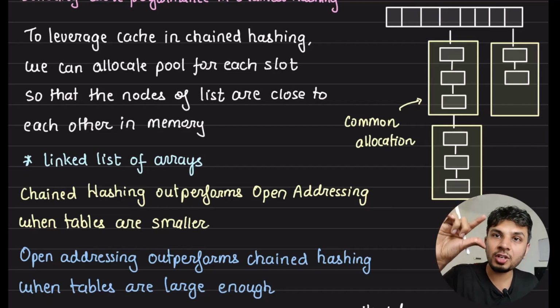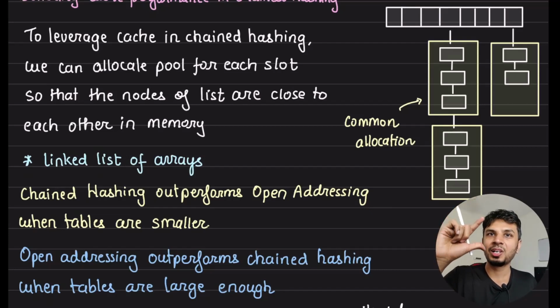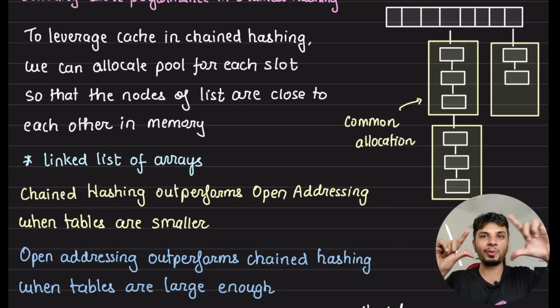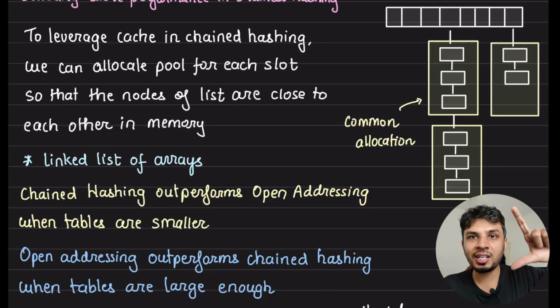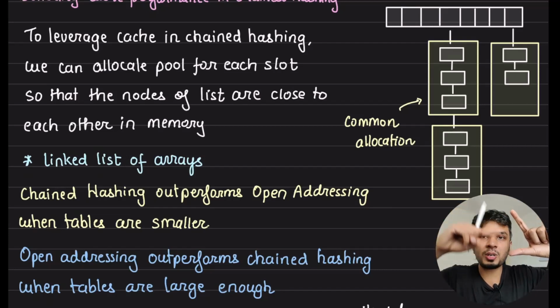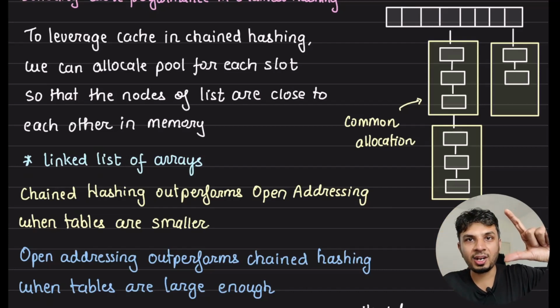So instead of allocating memory equivalent to 1 node of a linked list, you're allocating memory for 3 or 4 or 5 nodes of a linked list. That is your common allocation. So now what would happen? Because you're allocating that large chunk of memory in one shot, the elements you're putting in that allocation would be closer to each other.